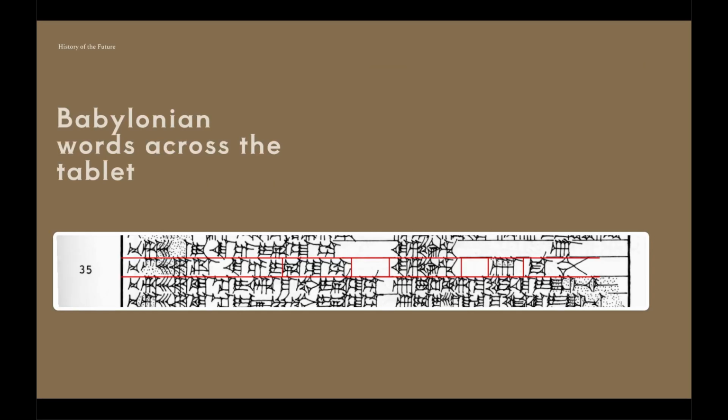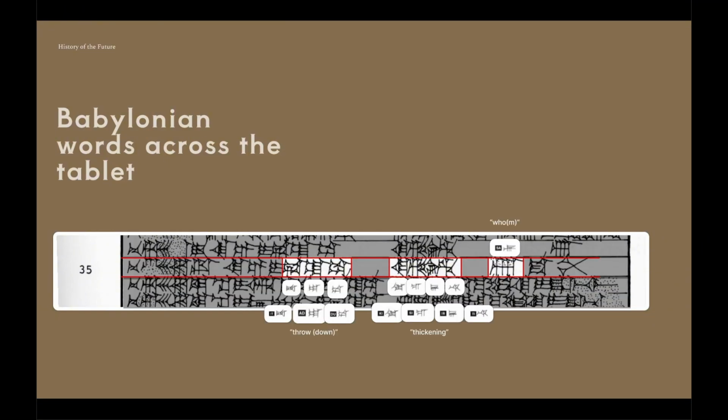Later I traced some Babylonian words across the tablet. I was able to find some words, especially from my omen, and those are "throw," "thickening," and "whom," and they were quite exactly the same as the translation done by Ulla Jace.